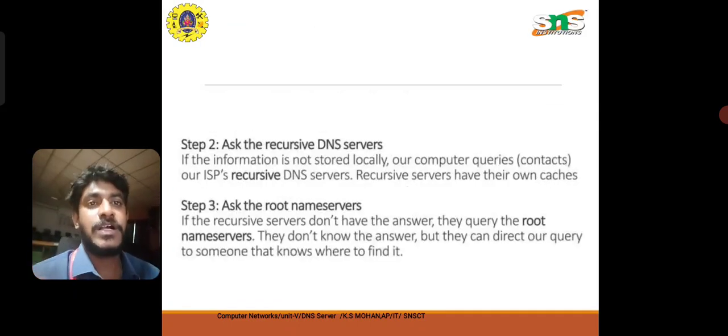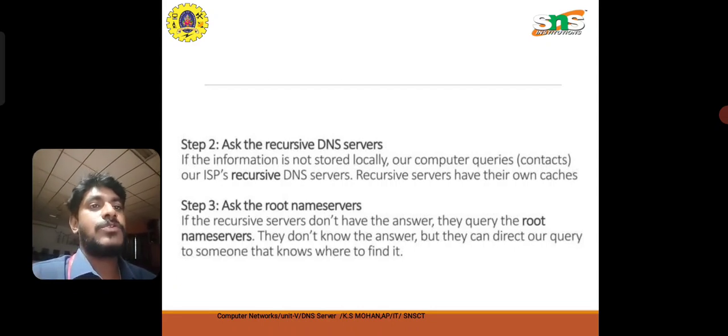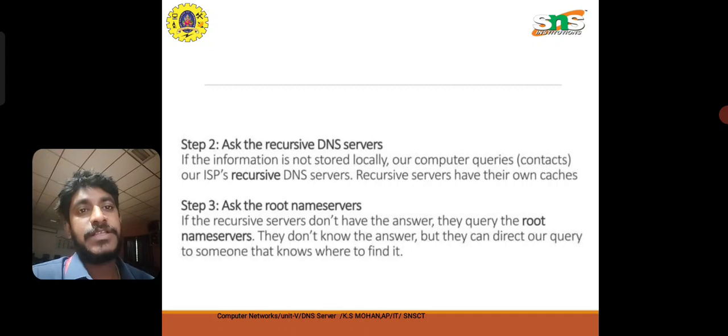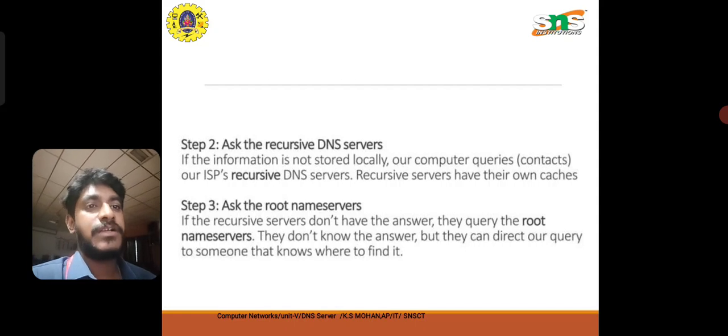The second step is to ask the recursive DNS server. If the information is not stored locally, our computer queries our ISP's recursive DNS servers, which have their own caches. If the recursive servers do not have the answer, they query the root name servers.